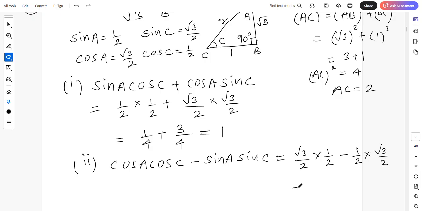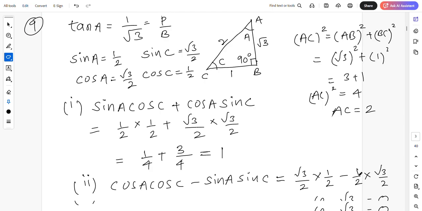That is equal to root 3 by 4 minus root 3 by 4, which is 0, the right answer. Students, the answer for the first one is 1 and the answer for the second one is 0. Hope you understood problem number 9.